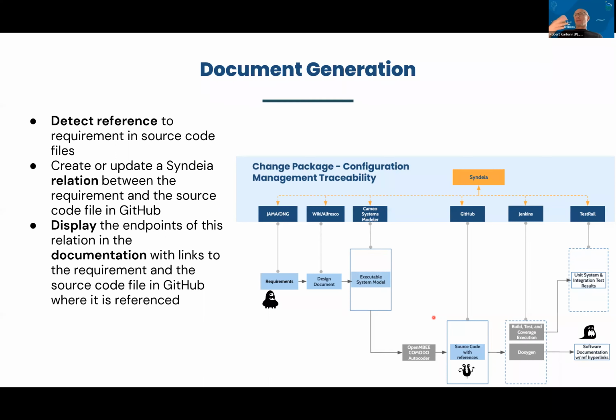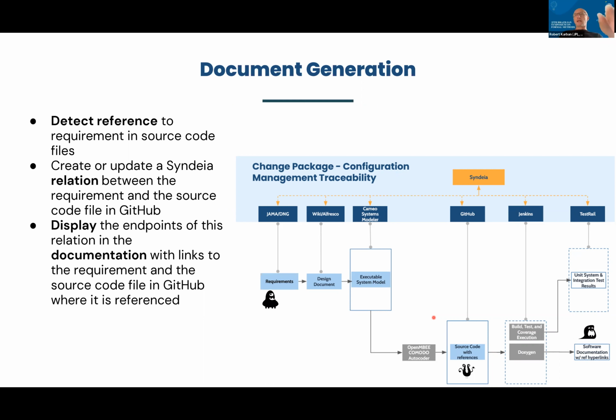But we would detect, when we produce the documentation using Doxygen, that hyperlink and automatically generate and create that relationship using Syndeia again to have this traceability between that piece of code and that requirement, right? So it's not only that hyperlink, but we would have this traceability connection in that Syndeia database that allows, again, to query it, run reports, and so on, right? So it would be this relationship between the code file in Git and the requirement in DOORS, for example, right?